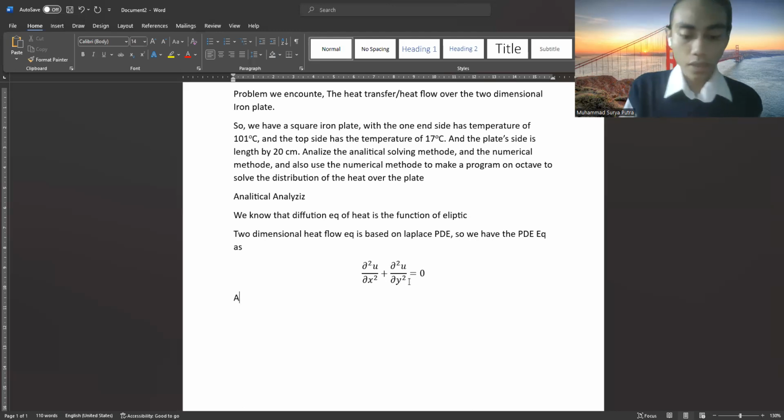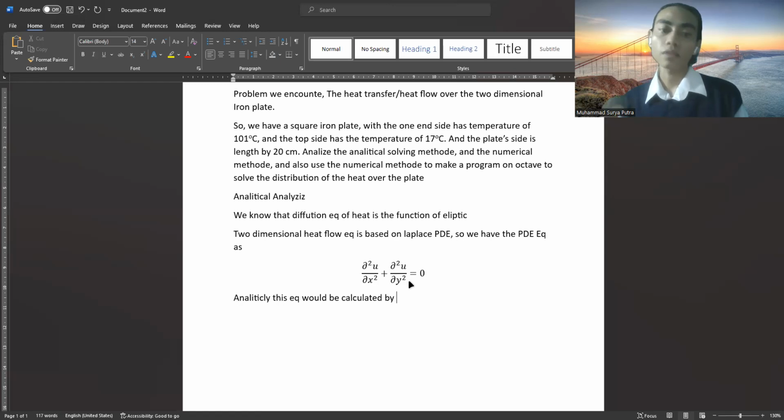Analytically, we are going to calculate or analyze these equations by the variable separation method.